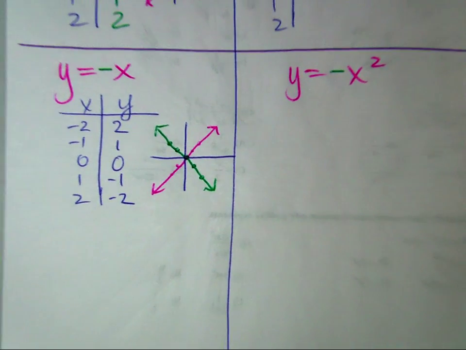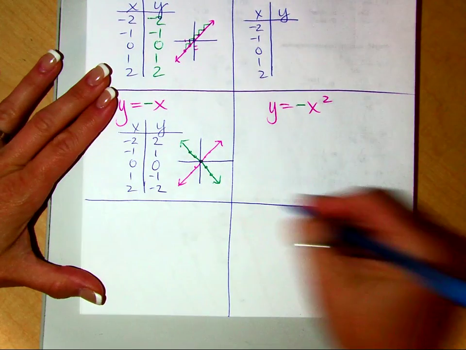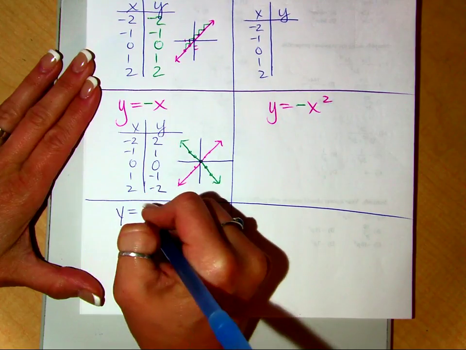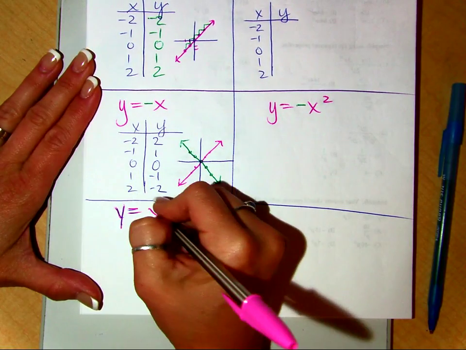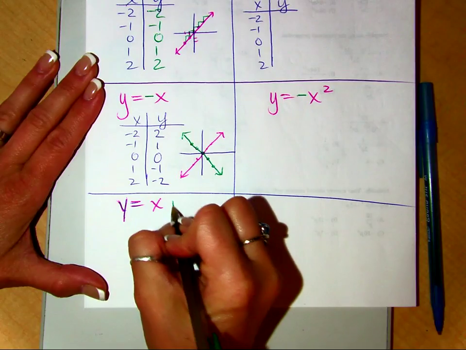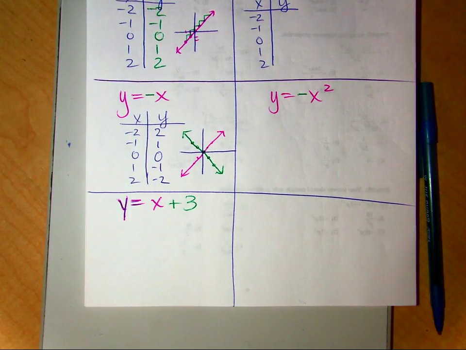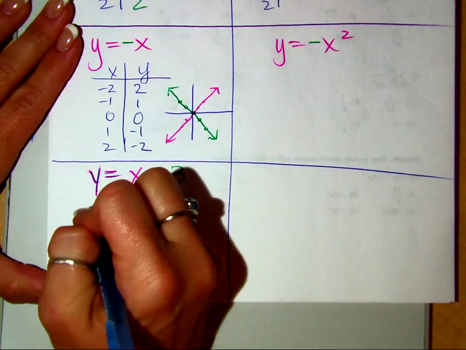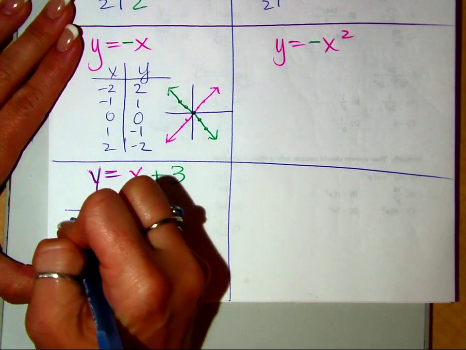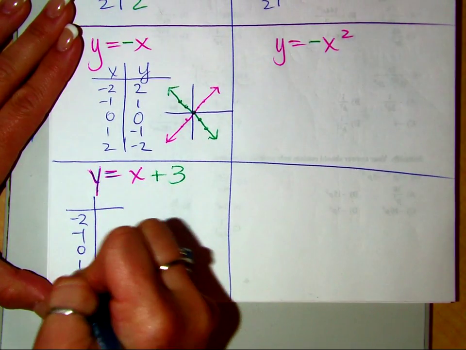If I took y equals pink for parent function, y equals x, but then I said, +3. So the little 5th grader who was in this classroom Saturday taking the test out knew that all they had to do was pick whatever x values they wanted. They probably didn't choose negatives though, right?